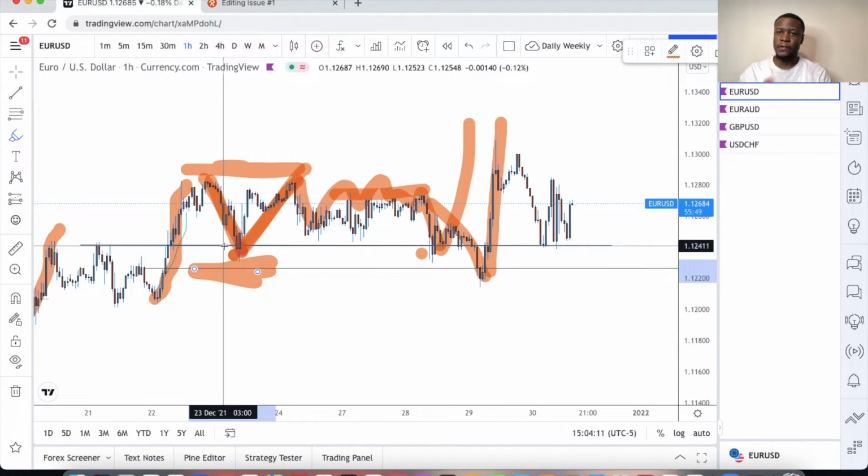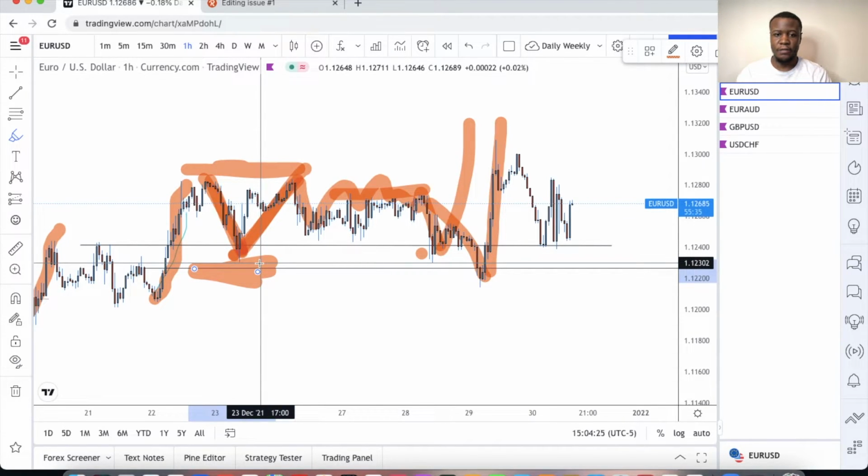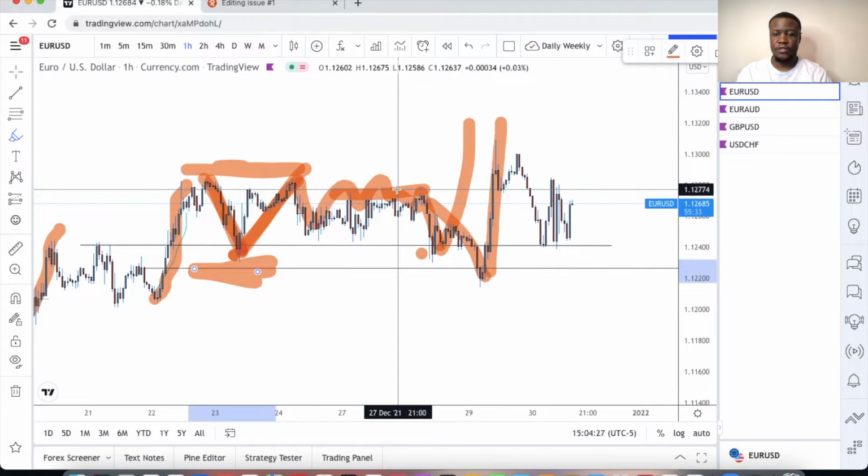Once again, the 4 hour, the daily, the weekly, and the monthly. The longest session happens between 2 and 5 o'clock. So if it hits a key level, expect it to reverse during that time. So I think that's confluence number 4: we have the time of day where we expect this to happen.